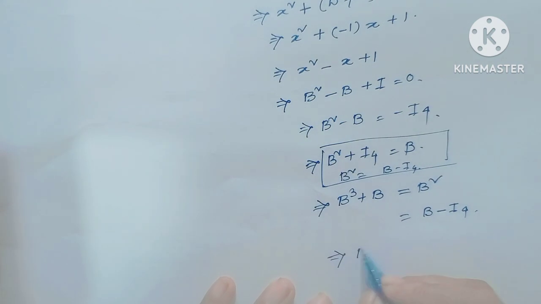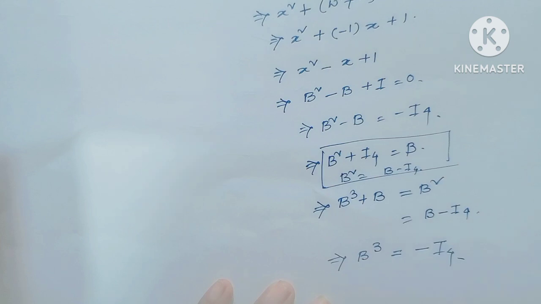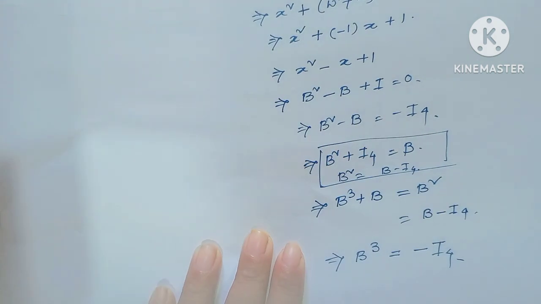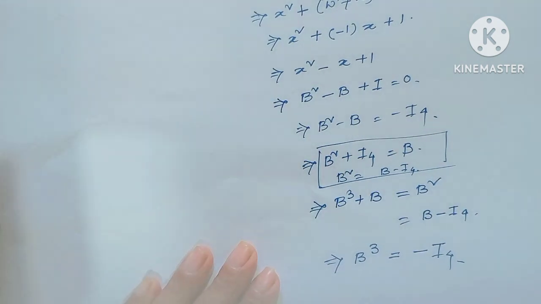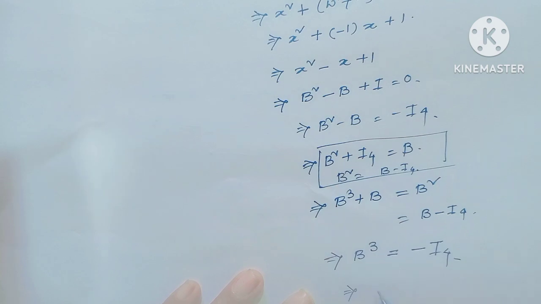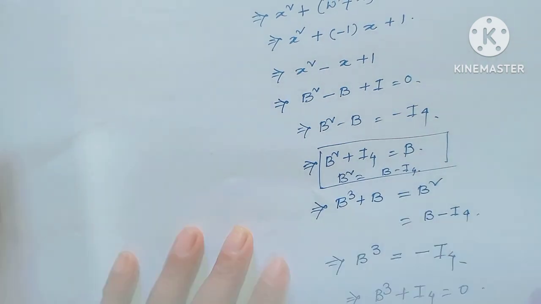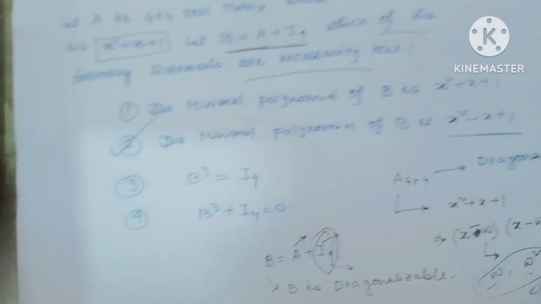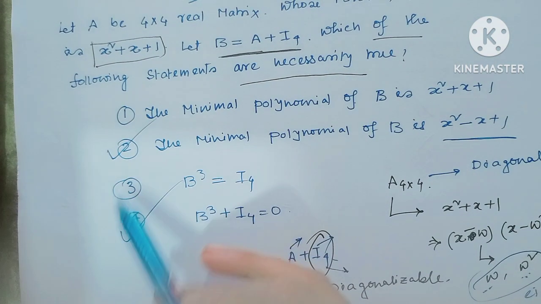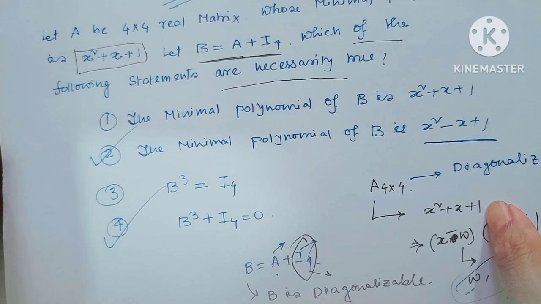So B cube equals minus I4. I hope all my viewers have understood. That implies B cube plus I4 equals 0. So option 4 is also a right option. That means 2 and 4 are the right options.